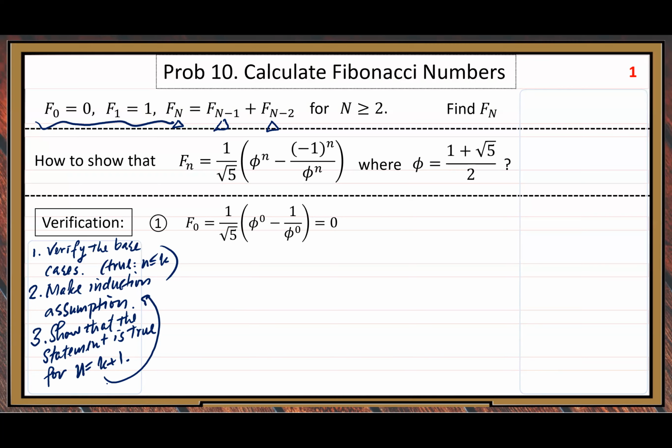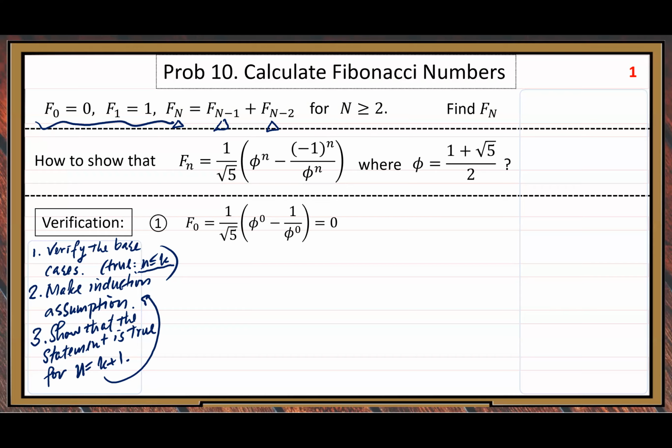Then you show the statement is really true when you extend the range in which it is true. Because in your assumption, the range is n less than or equal to k, but now you extend it to n equals k plus 1.